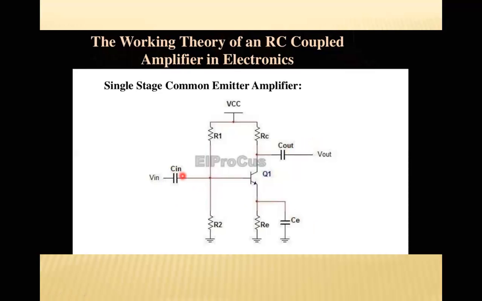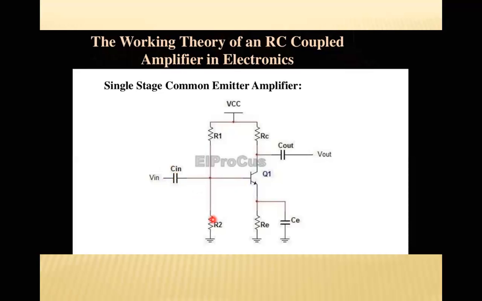You can see here, if it is not used, the signal source resistance will come across R2 and thus change the bias. The capacitor Cin allows only the signal to flow but isolates the signal source from R2.